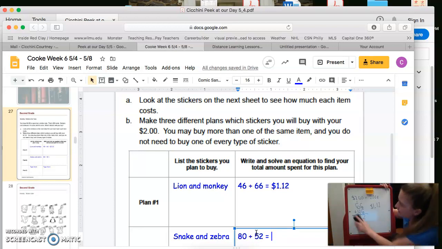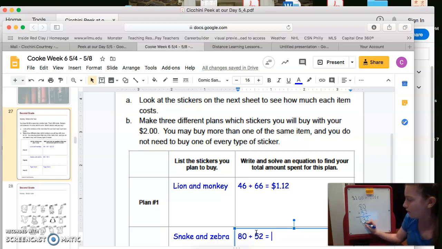So I'm going to write that down and solve it vertically, putting my larger number on top, 80 plus 52. Again, I start in my ones, so 0 plus 2 is 2. Then I move to my tens. 8 plus 5 is 13.